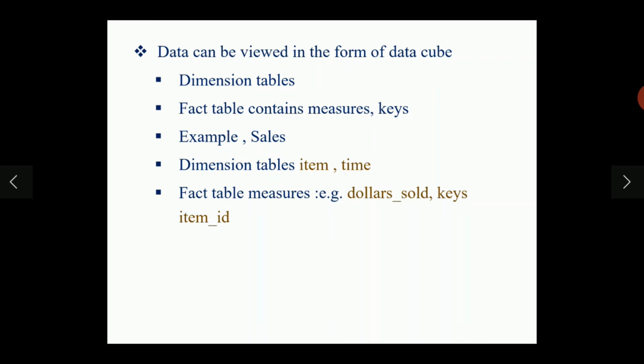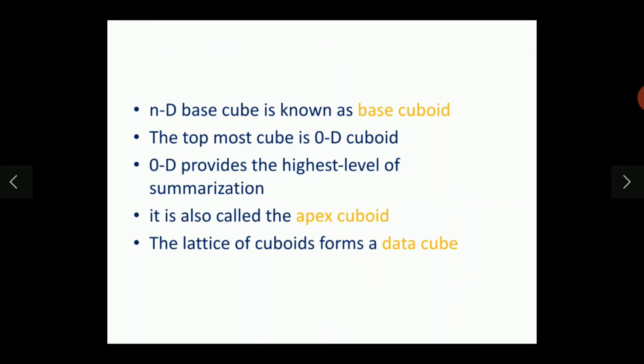The dimension tables here are item, time, and profit. The fact table consists of the primary keys as foreign keys of all these dimensions, time, item, profit, and it also consists of the measures. These are the dollars sold or units sold, which you'll see later in detail.